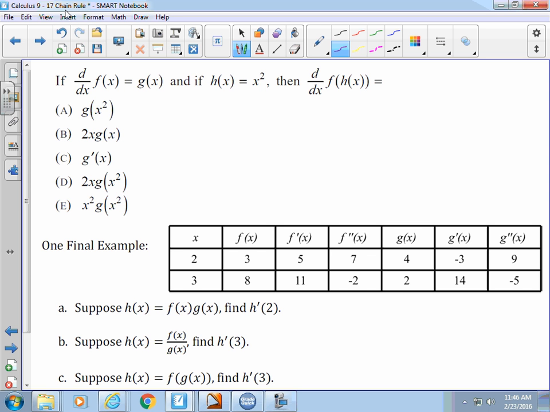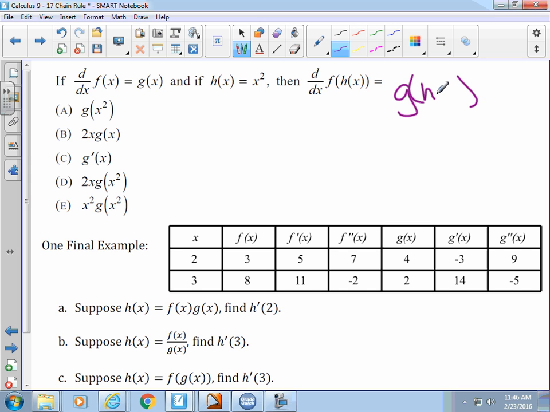The derivative of f of x is g of x, it says. If h of x is x squared, what is the derivative of f of h of x? How do you do it? The derivative of the outside. What is the outside function over here? F. And what is the derivative of f? So g, except I leave the inside alone. What was on the inside?